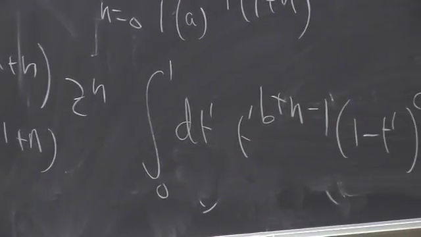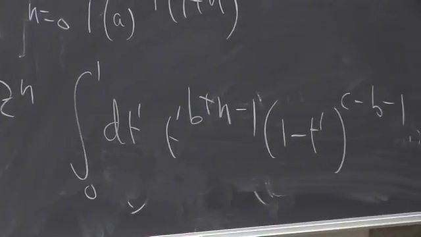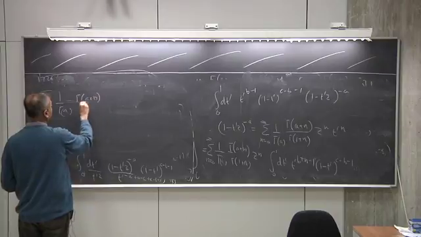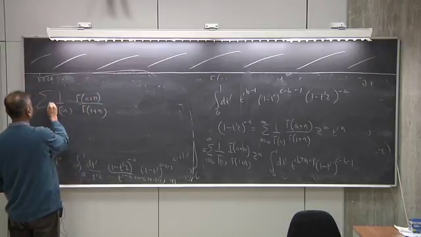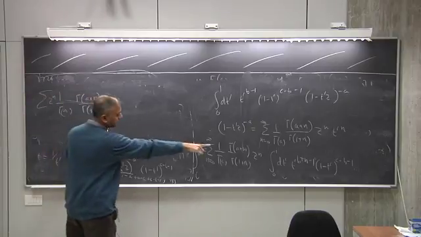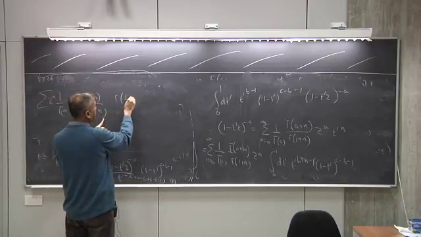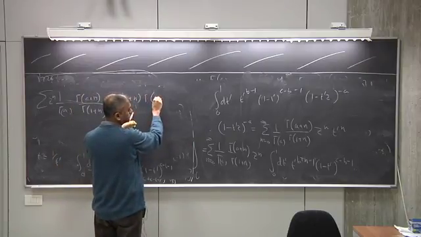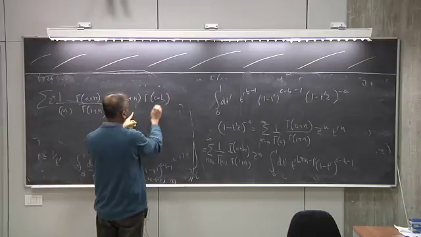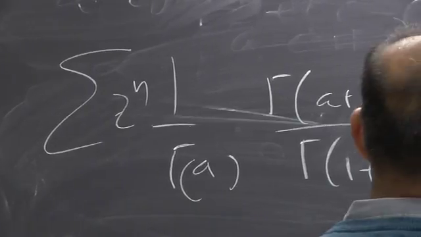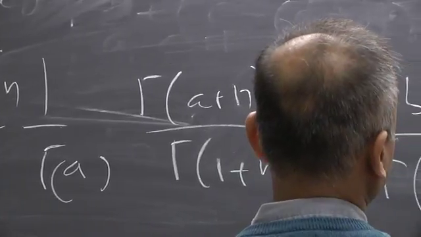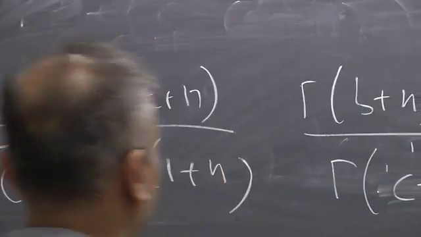So the full thing is, okay, gamma a plus n over gamma 1 plus n, z to the n is there. And then the result of that integral is gamma of b plus n, gamma of c minus b divided by gamma of the sum of these two, right? b plus c minus b, b cancels, so gamma of c plus n. That's what we have.